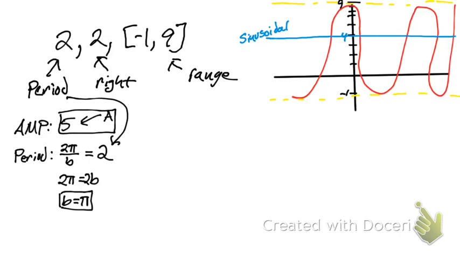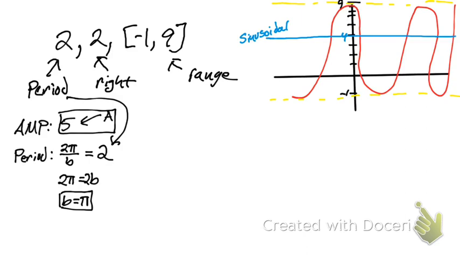Mary: Sorry, I'm still confused. What does B equal? I'm always confused on how to find it. I guess it's 2 pi over... Where do you get B from? It depends on what information you know.